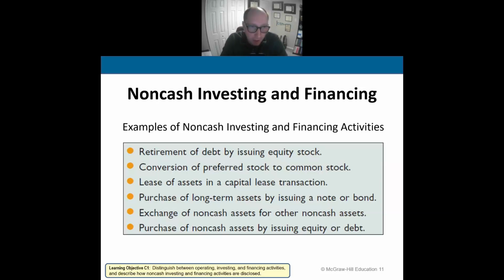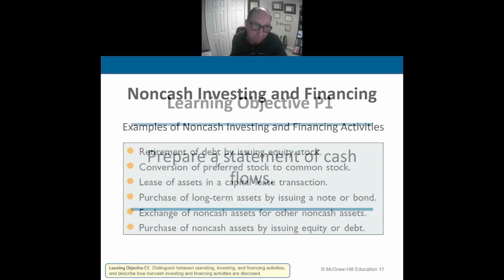It could be the retirement of debt, conversion of preferred to common stock, a capital lease transaction, purchase of a long-term asset using a loan. These are all non-cash things. There's no cash changing hands in these transactions.